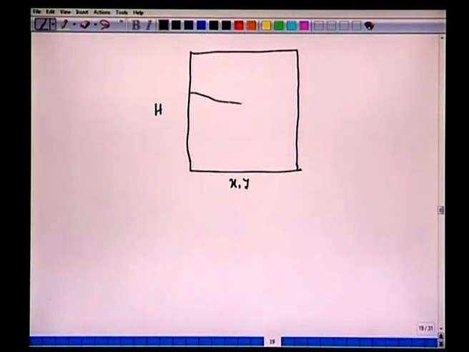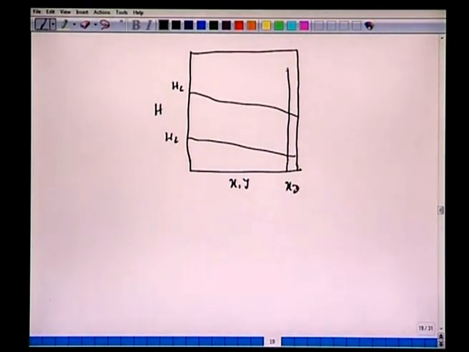If we draw arbitrary curves for HG and HL, we have something like this. Recall we had this vertical line going from this XD. Let's assume we have total condensation. We have this Q dash, this line we drew, and another line here which is Q double dash. We have XW.